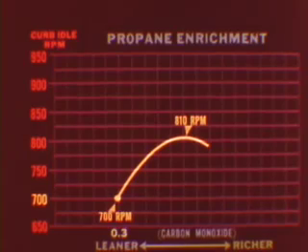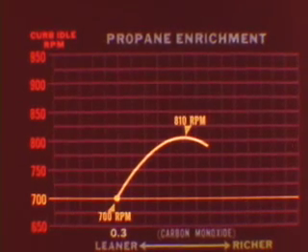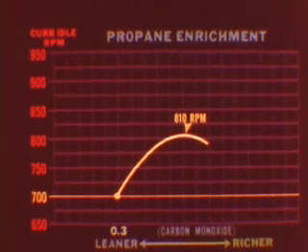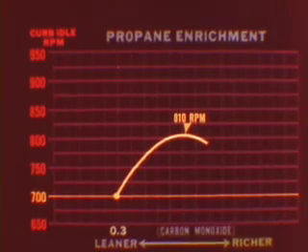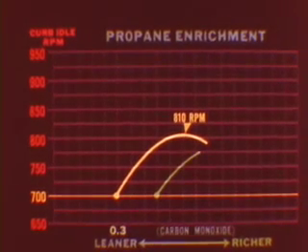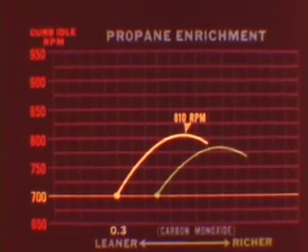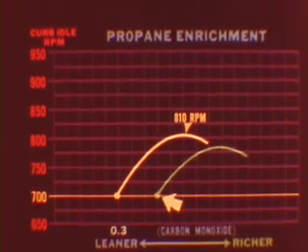This curve from 700 RPM to 810 RPM shows the correct speed rise with propane for a particular 360 cubic inch engine. But let's say we have the same engine and propane enrichment gives us a speed rise to only 780 RPM rather than 810. This indicates the mixture is already too rich by some amount beyond the desired 0.3.